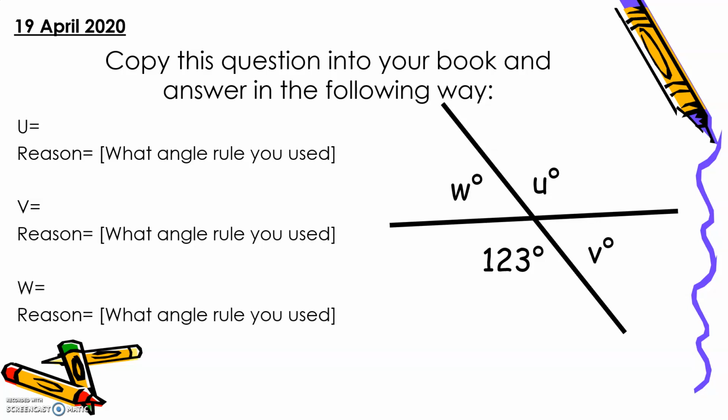So try to choose from vertically opposite angles, supplementary angles, or complementary, of course, as well, or angles at a point. Okay, they're the 3 main reasons. Try and work your way through, see if you can present that. Pause the video, and once you've finished, restart it.